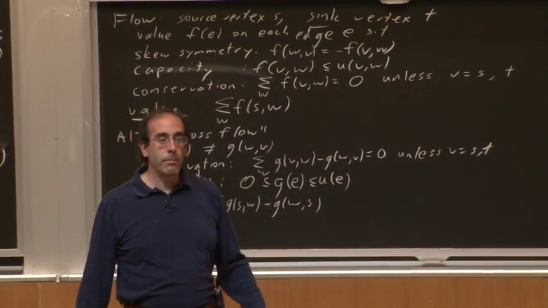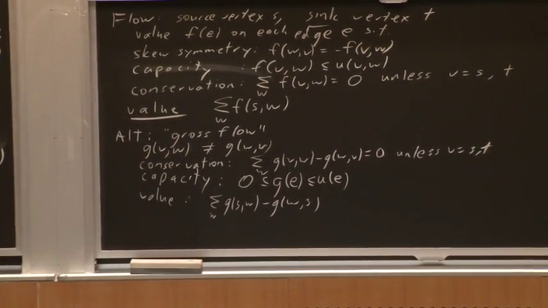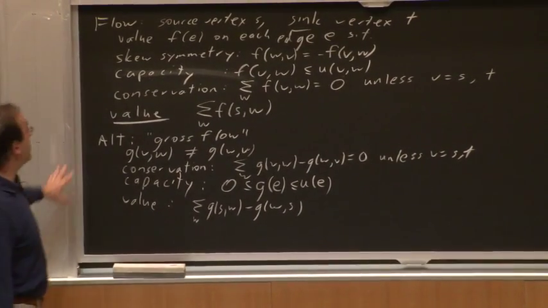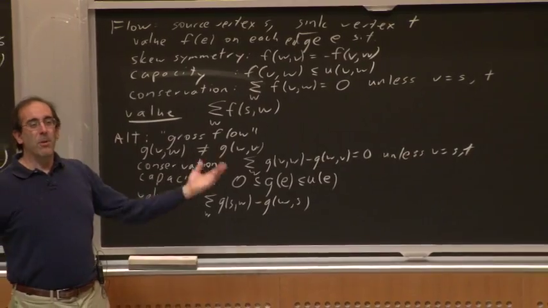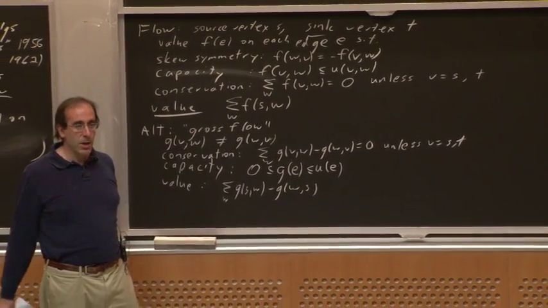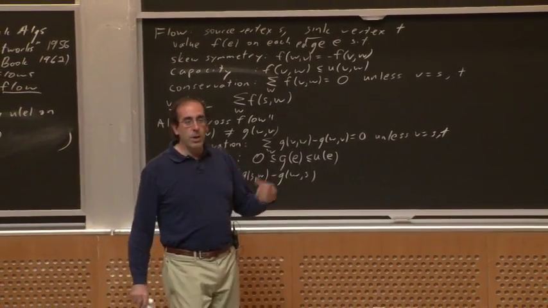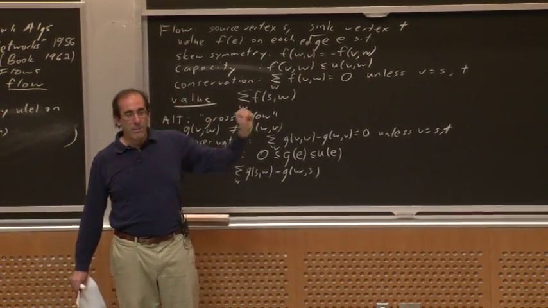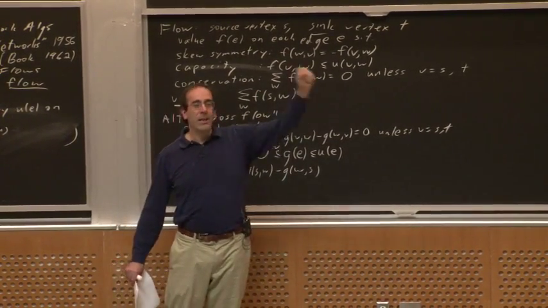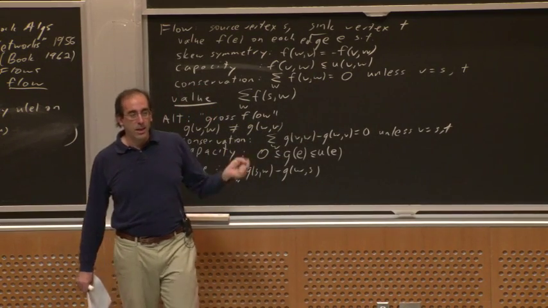Yes? No, so in the basic flow problem, the one that we're going to be talking about, all of the capacities are non-negative, right? In general, if you have a directed graph with an edge in one direction and no edge coming back, you'll have a positive capacity in the forward direction and a 0 capacity in the backward direction.